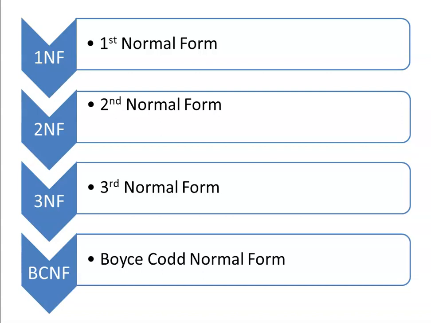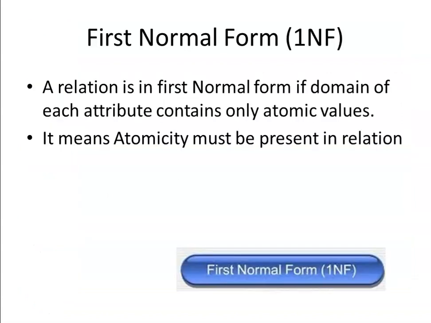Now what is this first normalization? A relation is said to be in first normal form if the domain of each attribute contains atomic values. Now what are atomic values? Atomic values are those values which are not divisible further. For example, the name of a student.